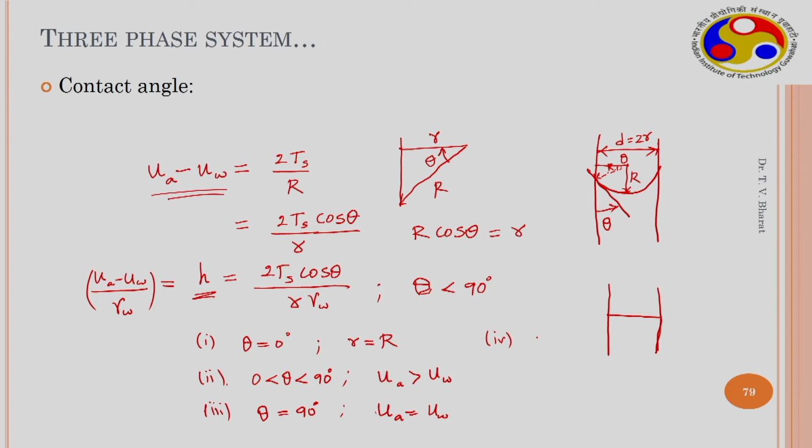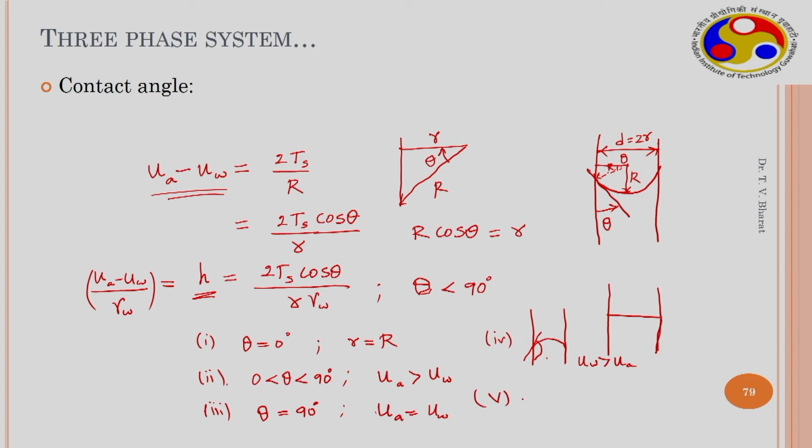When you have theta between 90 and 180 degrees, that is capillary depression that takes place. Here this is the angle. This one causes capillary depression. The pore water pressure, the UW, would be more than the atmospheric pressure. That is a typical case in mercury, and some of the organophilic soils would exhibit this kind of behavior.